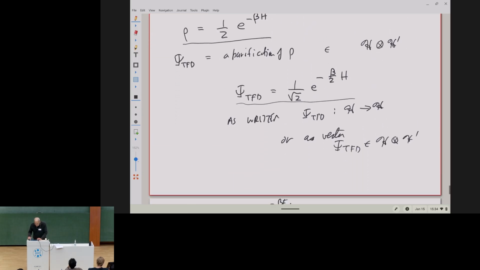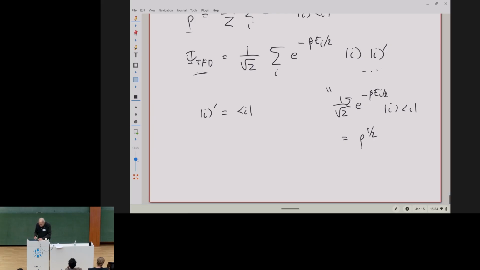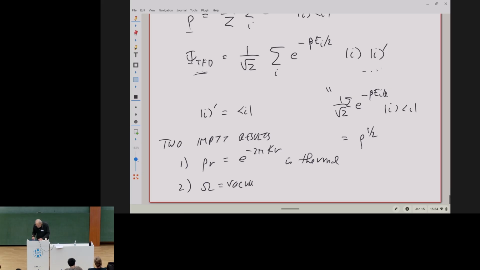So what we've discovered here, so there are two important results today. One is that rho_R is thermal. And the second is that the vacuum state is the thermofield double state of the density matrix rho_R.